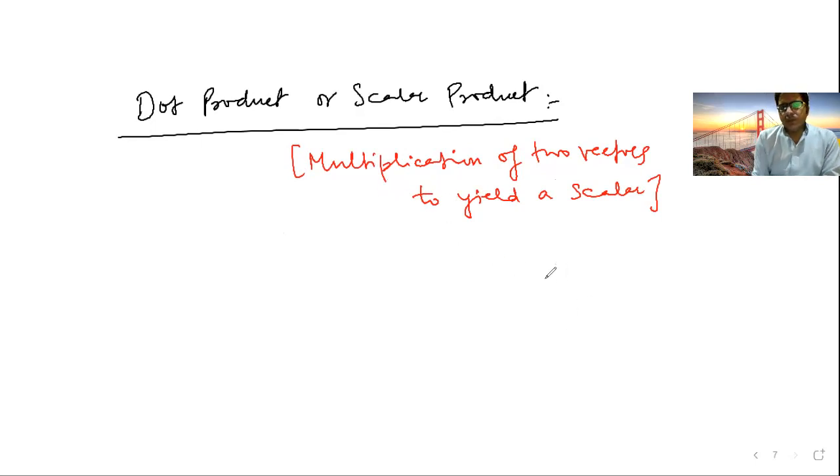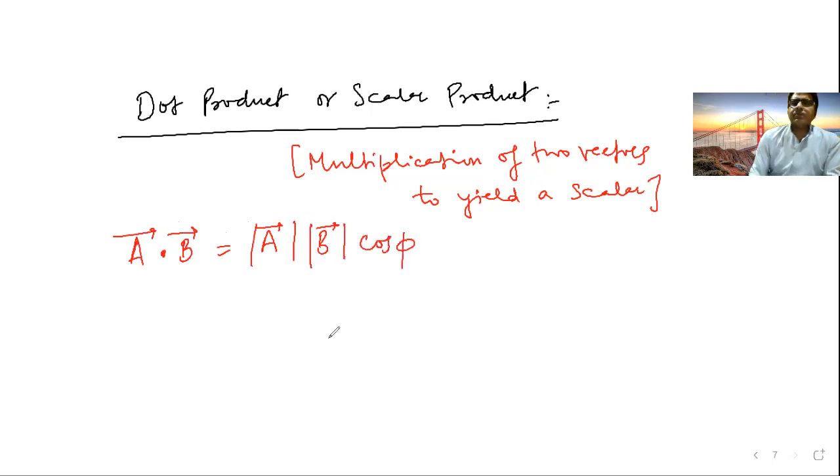What is the definition of this? If I have two non-zero vectors A and B, that means vectors which have certain length, then A dot B means magnitude of A into magnitude of B into cosine of the angle between the vectors.